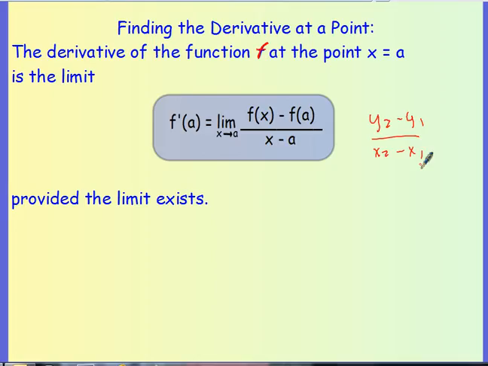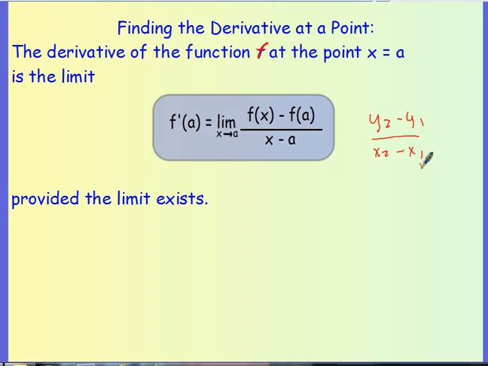This is slope of a tangent line on any curve. The difference is, because it's the derivative I'm looking at, that's why I'm taking the limit. You see the difference? Okay? So, fantastic connection. That's what I need you to understand. Basically, all I'm doing is finding slope here. That's it. Just finding slope.